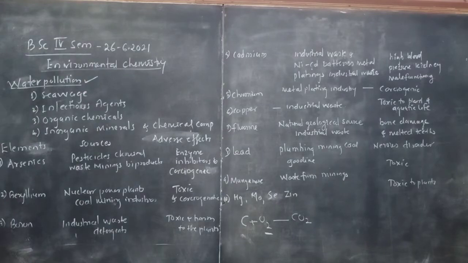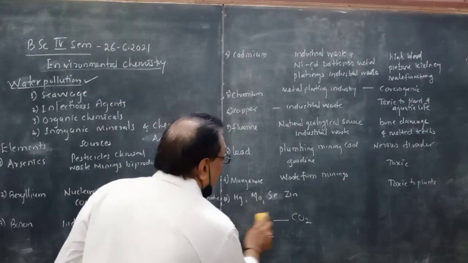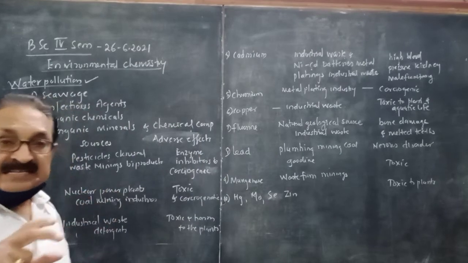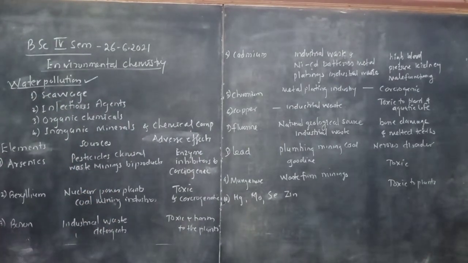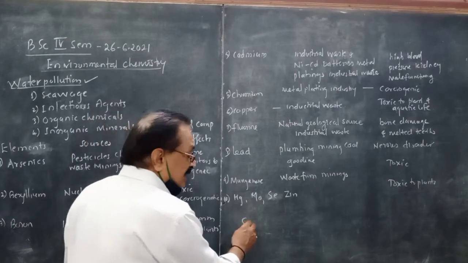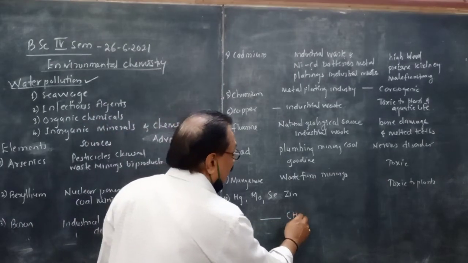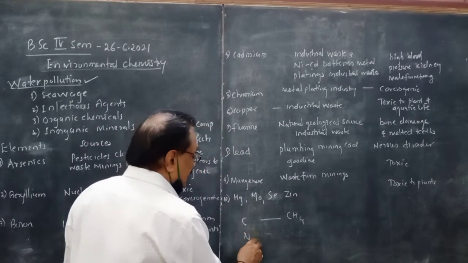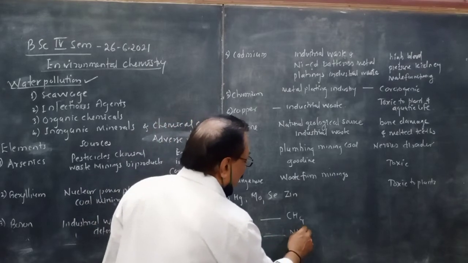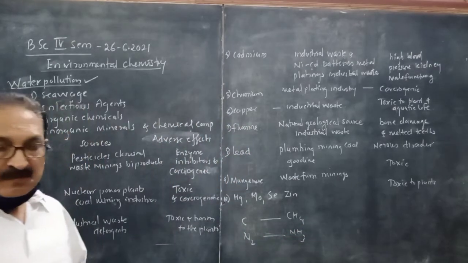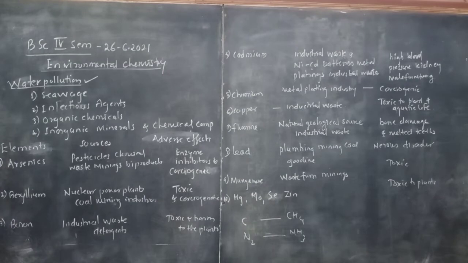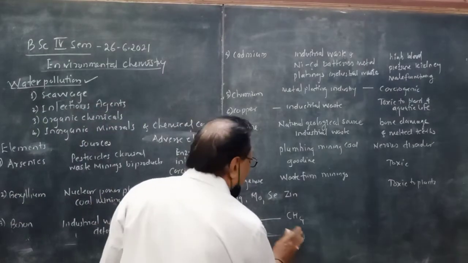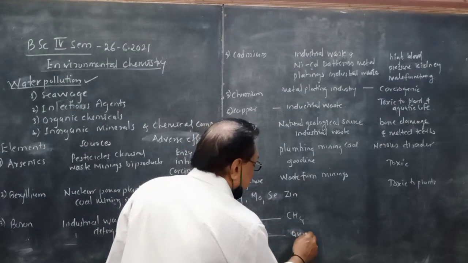If the dissolved oxygen percentage in the water is less than that of the waste thrown out, then carbon present is converted into methane. If nitrogen is there, it is converted into ammonia, or amines.